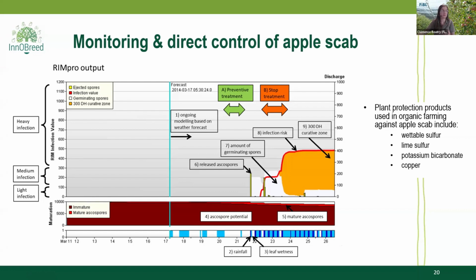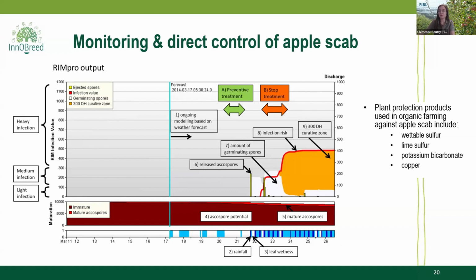Maybe it was raining so much, or it was unforeseen, maybe the weather changed super quickly, or you couldn't simply do it at the proper time. But this is very limited in organic. So this stop treatment, you only have a short window where you can still spray something so that the germinated spores are killed still on the leaf before they enter in the leaf.